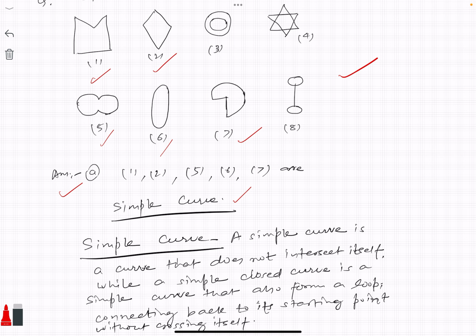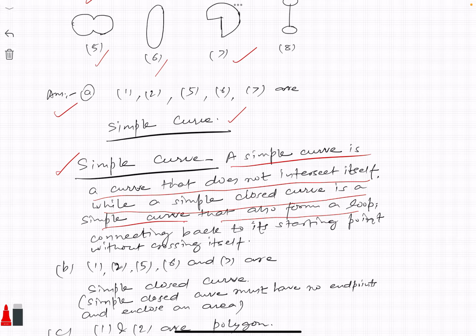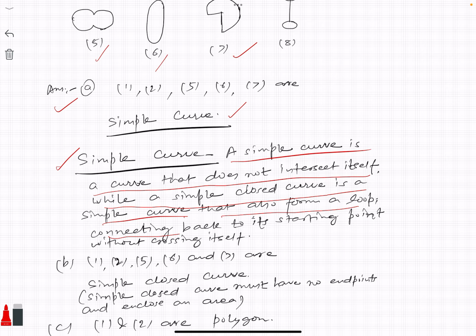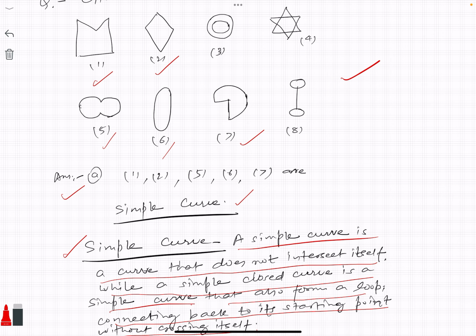And the definition of a simple curve: a simple curve is a curve that doesn't intersect itself, while a simple closed curve is a simple curve that also forms a loop connecting back to its starting point without crossing itself. Here is the starting point and it is coming back to the starting point.